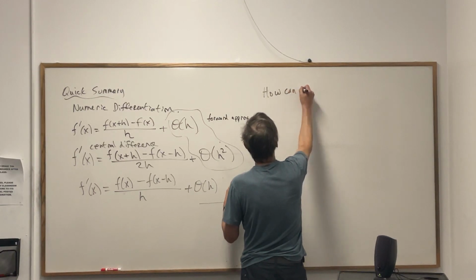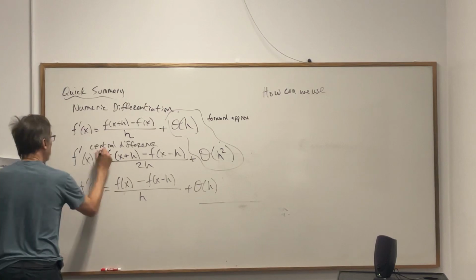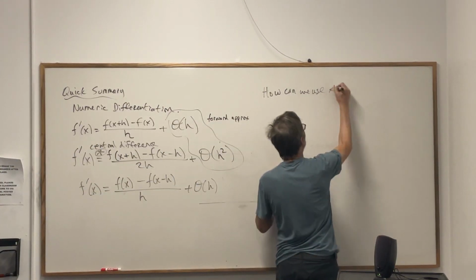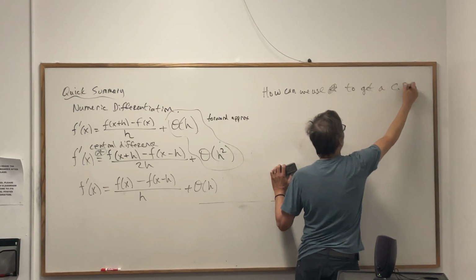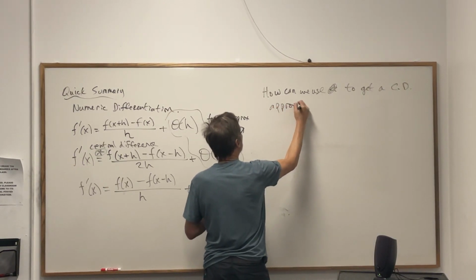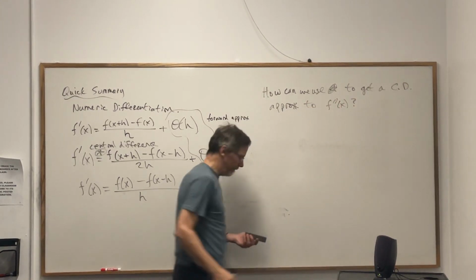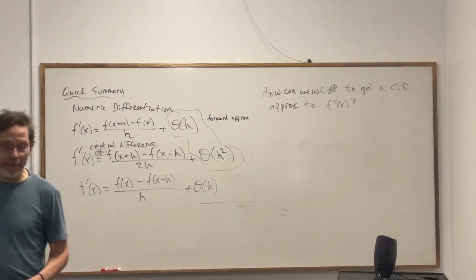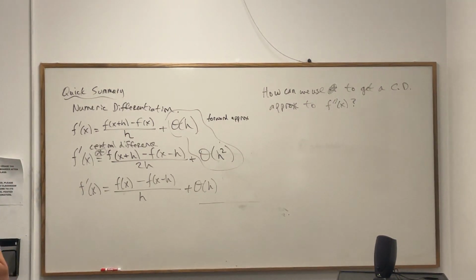How can we use, I'm going to call it star, to get a central difference, CD, approximation to f double prime? Take a second. How might you do this? You're in a pinch.